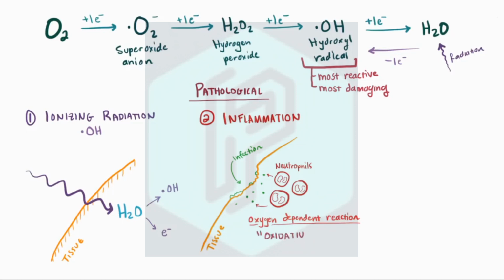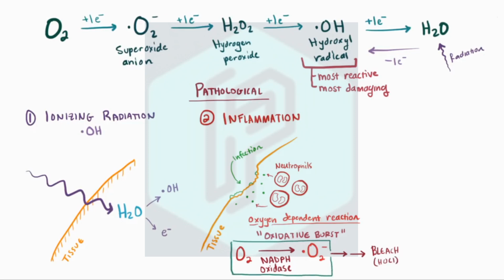Usually this starts with what's called an oxidative burst, where an enzyme called NADPH oxidase takes your oxygen and converts it to superoxide. And then it goes on to eventually be converted into bleach, or HOCl. But mainly our culprit for producing free radicals is going to be this first step, where NADPH oxidase converts oxygen to superoxide.